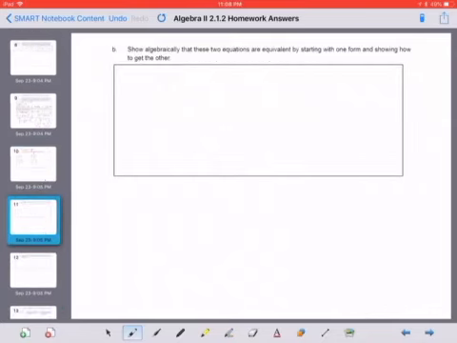Then for part B, it says show algebraically. So I chose to multiply out the graphing form because I thought that would be the easier way to do it. But you could factor the other one as well. So first I multiplied it out, so I got 3 groups.